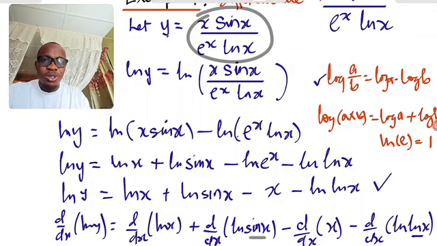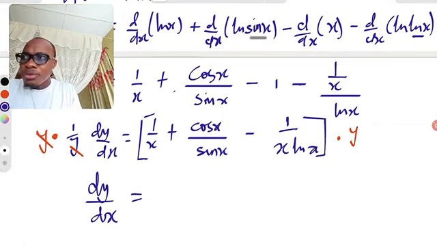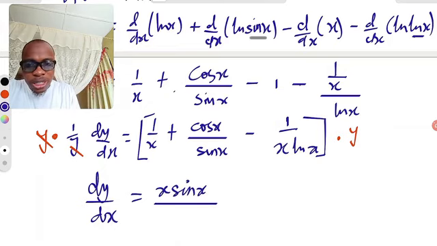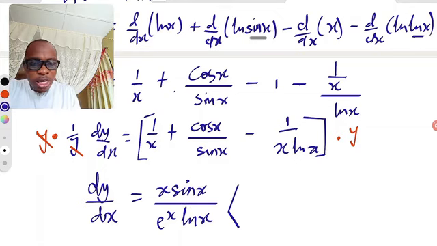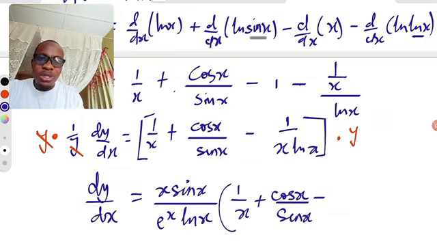All right, so we're going to have y that is multiplying. We're going to have x^(sin x) divided by e to the power of x ln of x, then multiplied by 1 over x plus cos x over sine x, then minus, so I've already omitted the minus 1.